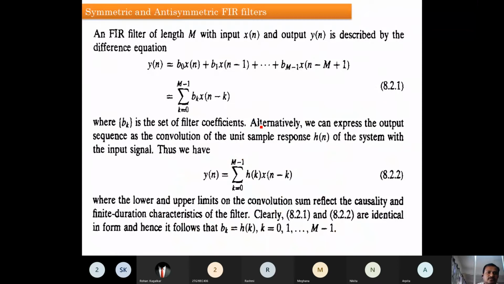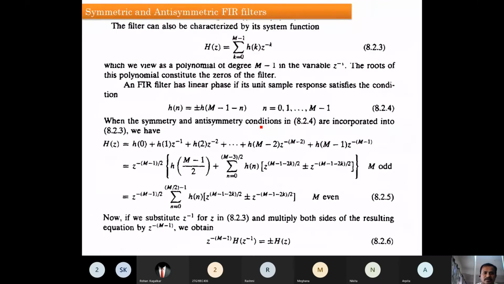Then we go for symmetric and anti-symmetric FIR filters. So here in the symmetricity, what is going to happen? The FIR filter is described with a difference equation. So y of n is equal to coefficients of x with delay. If the length of the filter is capital M, then we had some discussion about the equations for M even and M odd.